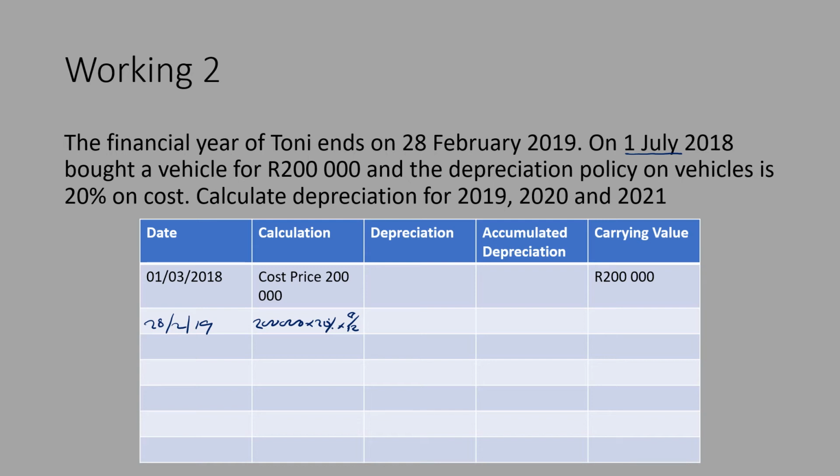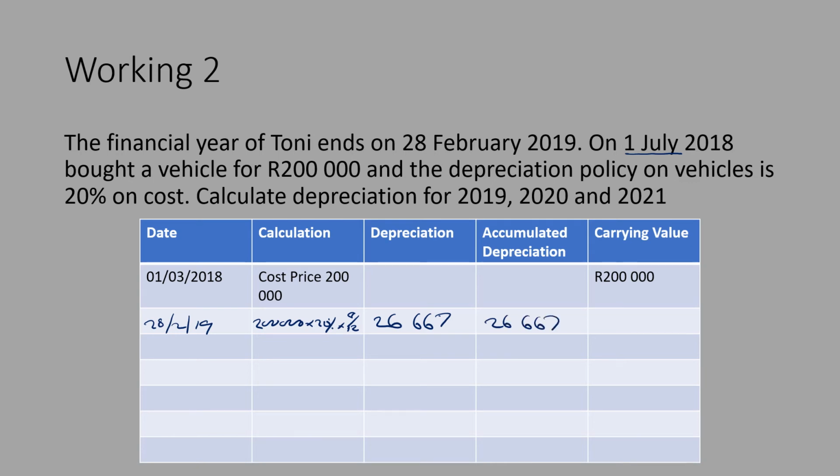That will be 26,667. I rounded it off. That is the accumulated depreciation of 26,667.